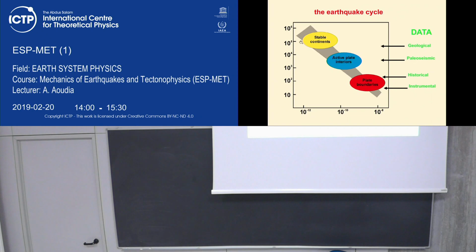And if you would like to study a fault, if your president is giving you funding and would like to set a nuclear power plant within a stable continental region, you won't be able to talk about earthquake hazard if you do not use geological data sets. Because seismology and historical seismicity, what humans tend to remember, I mean, the grandmother of your grandmother, if she was a historian, maybe she would report an earthquake in Ethiopia.